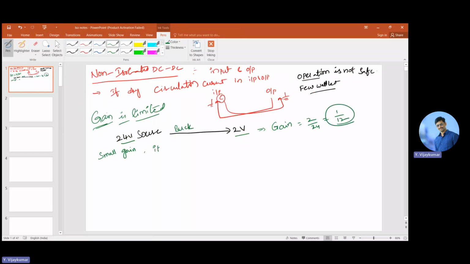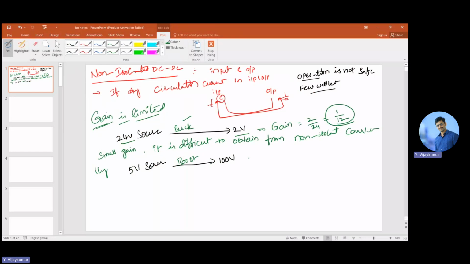This gain of 1 by 12 is difficult to obtain from non-isolated converters. Similarly, take a 5-volt source that you have to convert into 100 volts. You are doing a boost operation, using a boost converter to step up.